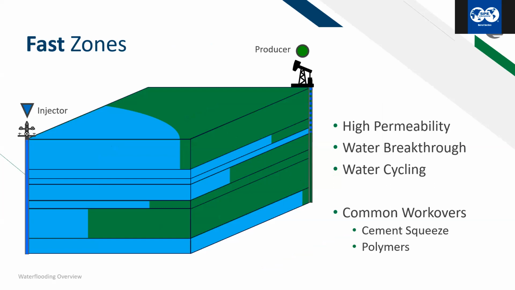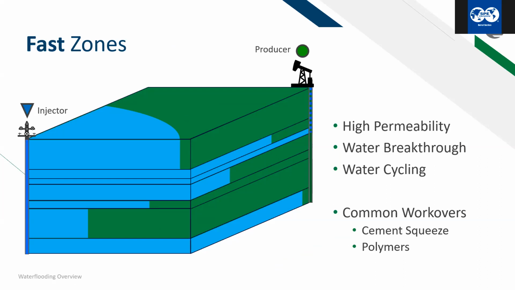And that's okay. It just means that we're going to have to cycle the water and continue to sweep the rest of the zones, and also to continue to sweep that zone, because what you get water breakthrough first on is your most direct path. If you think back to the streamlines, there's still a lot more area to sweep even in your fast zone.